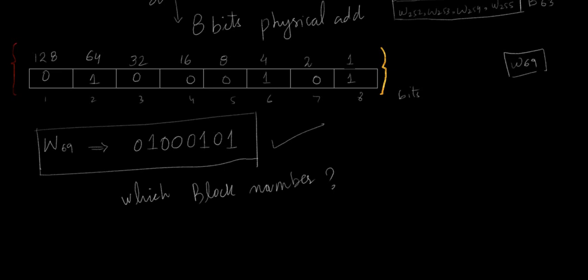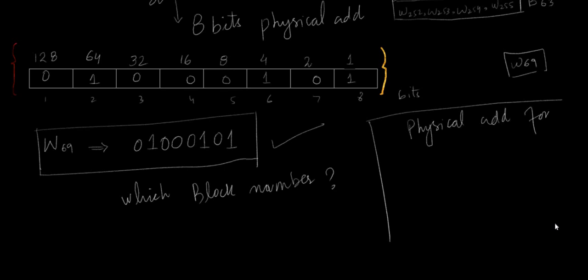If I am supposed to find out the physical address for the block, it's super easy. How? Now, how many blocks do I have?